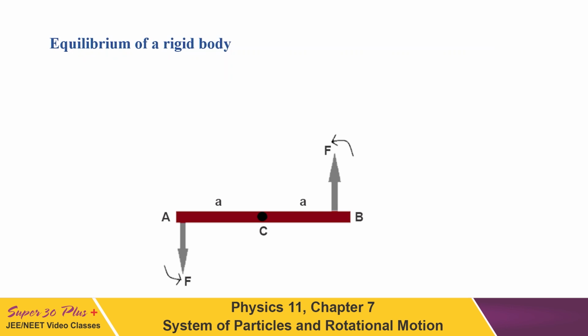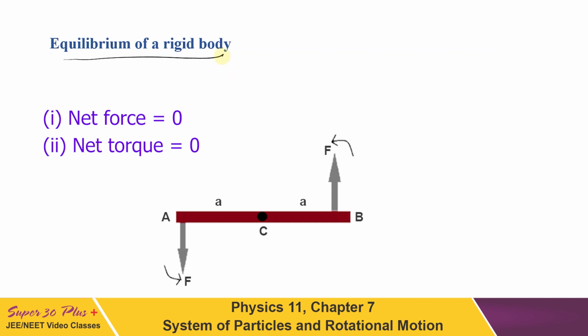Here for equilibrium of rigid body, it is not only translation, we have to check for conditions of rotation as well. So if a rigid body is in equilibrium, it must satisfy both the conditions. First condition is that net force has to be 0 and the second, net torque has to be 0. So we have to write both the equations here, equilibrium of force and equilibrium of torque.